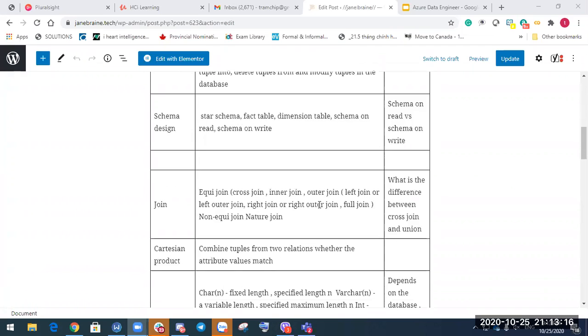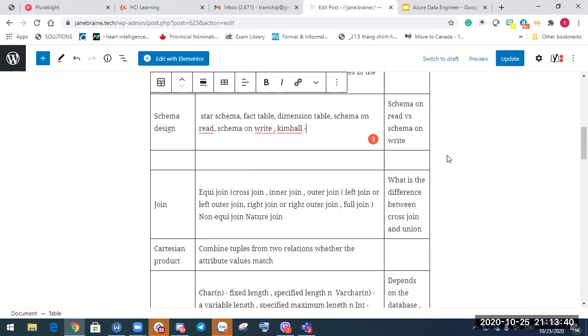Another concept that I want to mention about schema and database is Kimball. Let me remember the formal name for that. Kimball style relational. This is also a very important concept in data architecture.